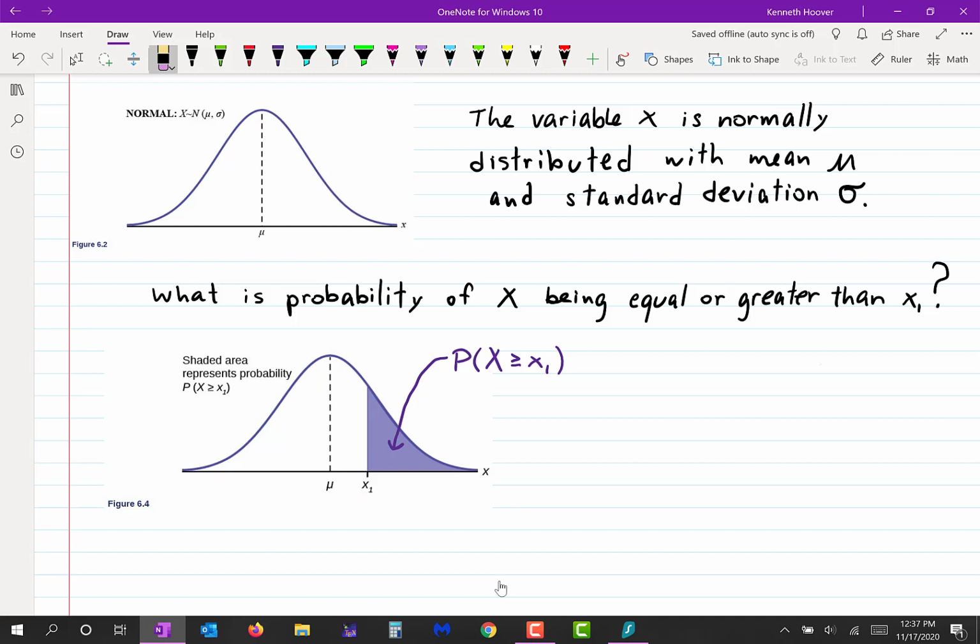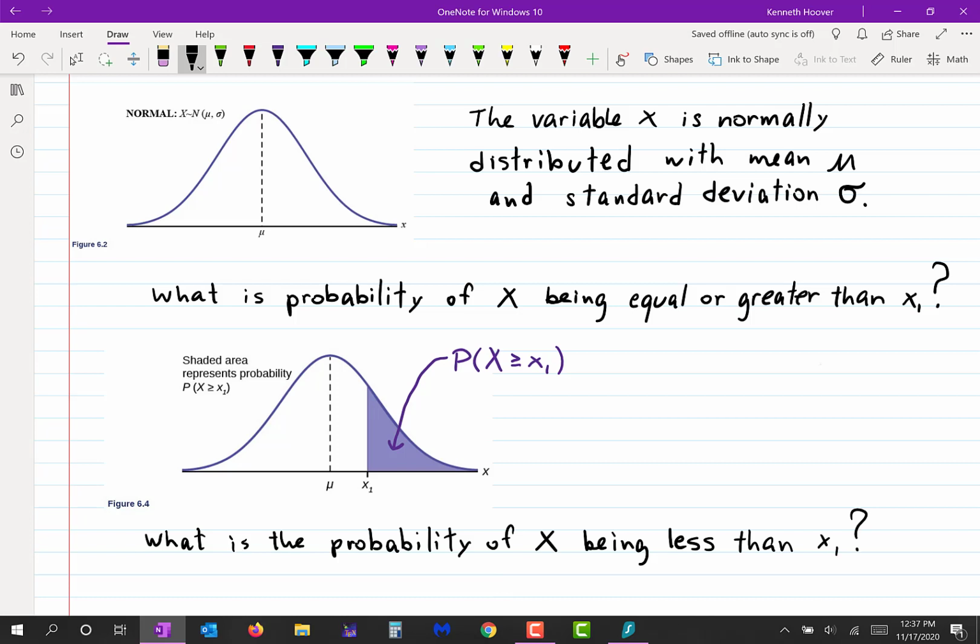Now, if you were asked this question, what is the probability of x being less than some number? Let's still use the same number, x1.